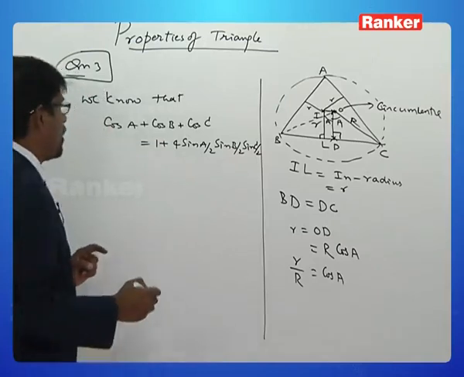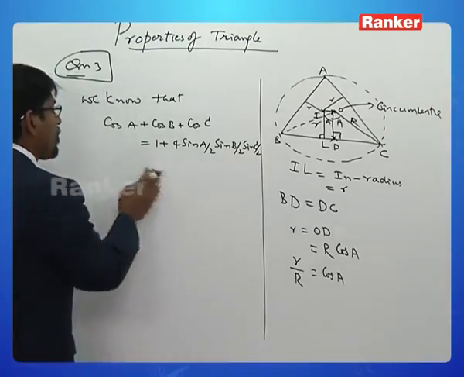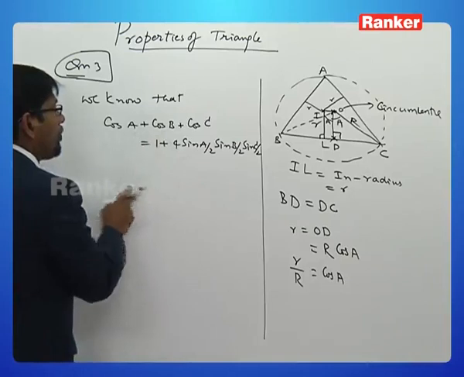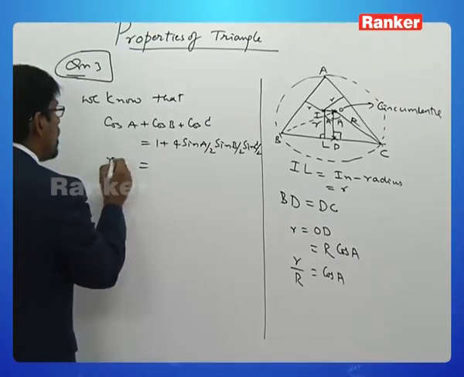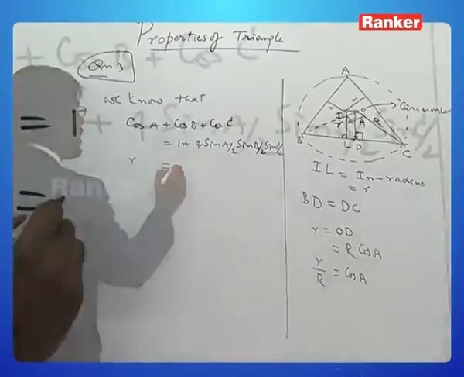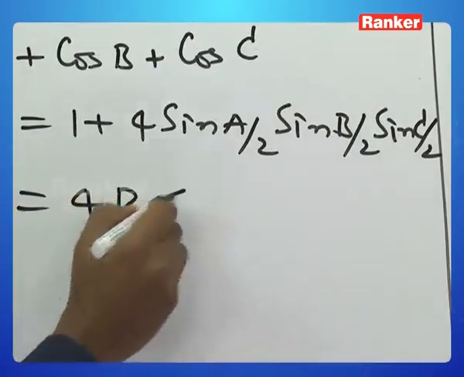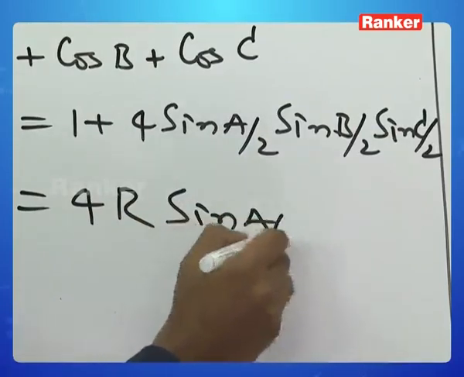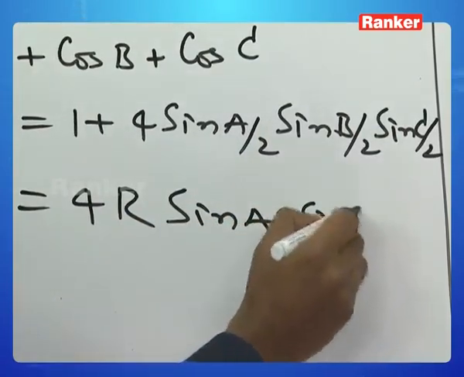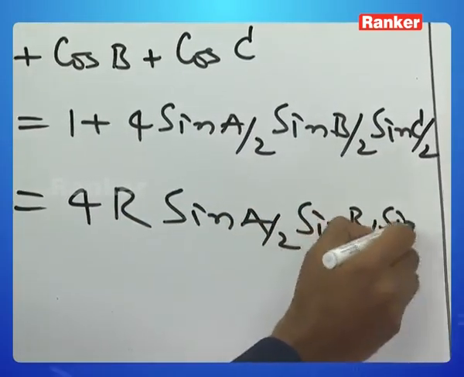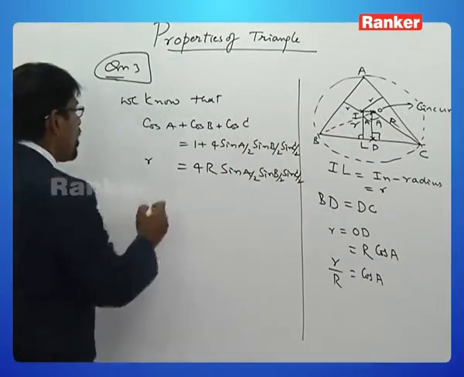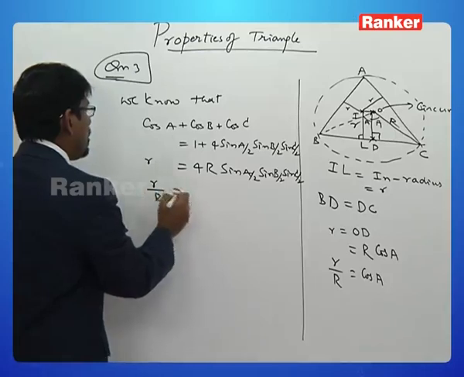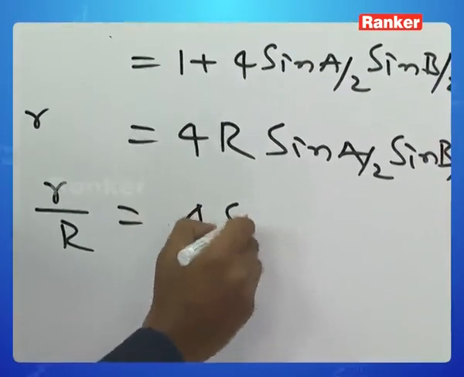Now small r and capital R are related like this: small r is equal to 4R sin A by 2 sin B by 2 sin C by 2. We have a relation like this. So small r by capital R will be 4 sin A by 2 sin B by 2 sin C by 2.